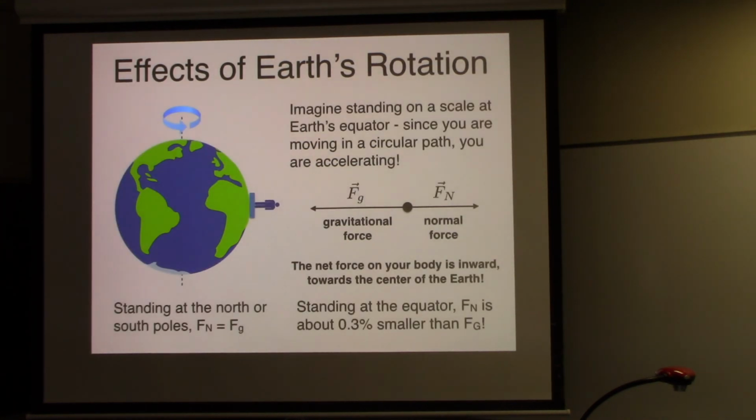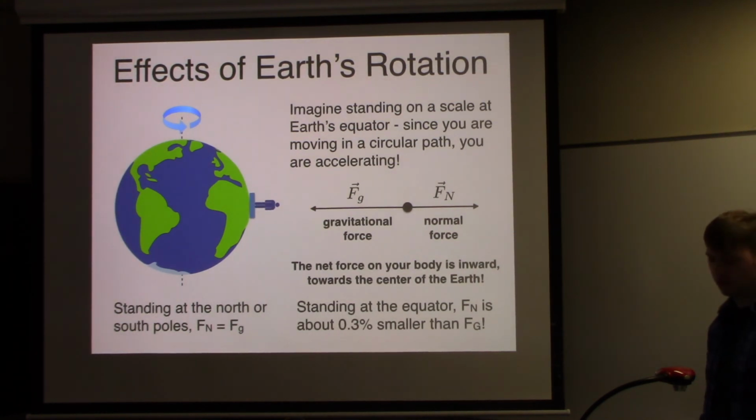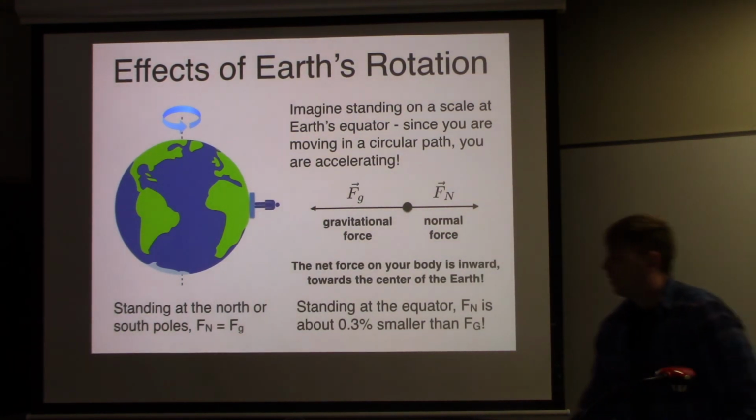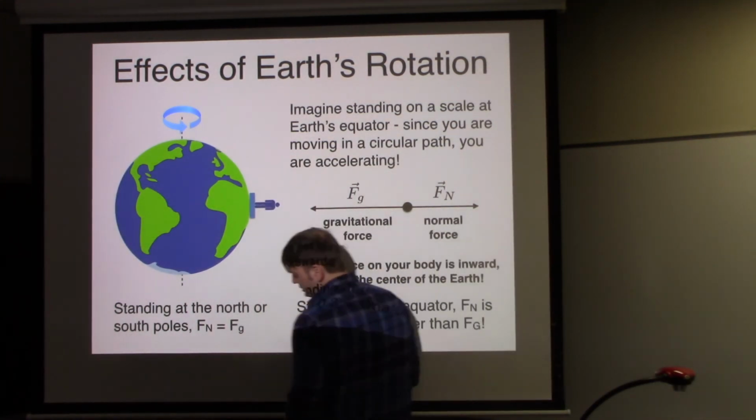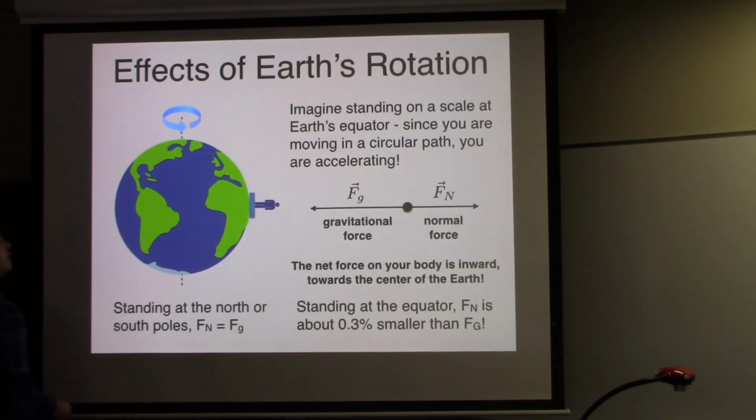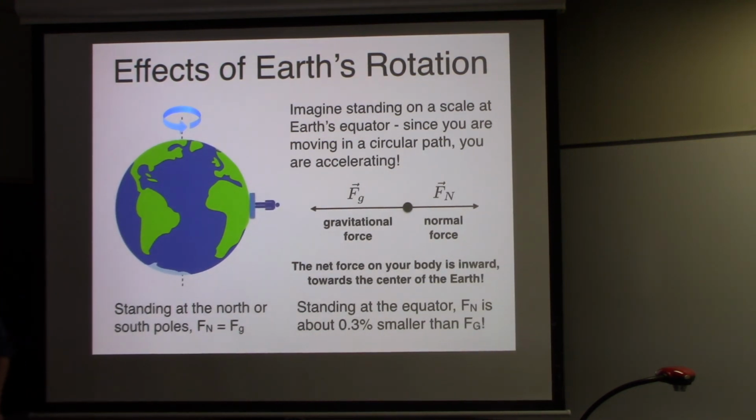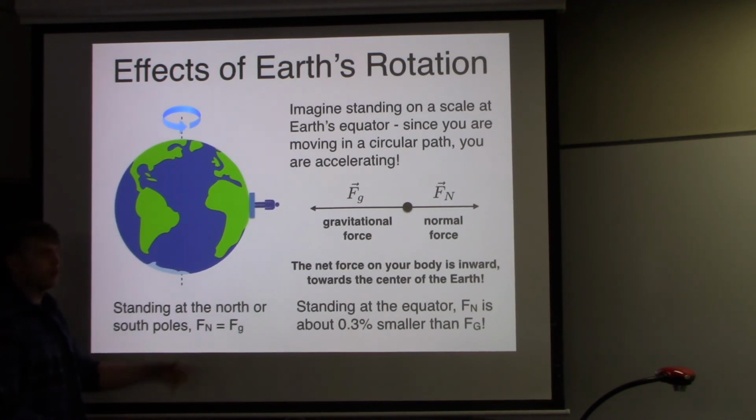So I think we're going to end with this one, which is getting into the effects of Earth's rotation. And so I want you to think about this. Let's say you're standing on a scale at Earth's equator. Maybe you live in Brazil, somewhere like that, that's right at the equator.